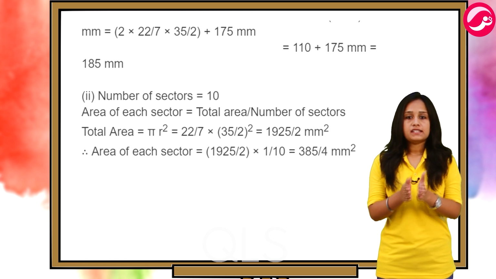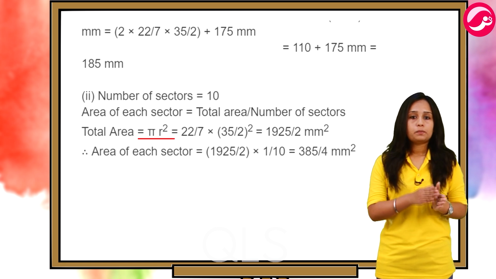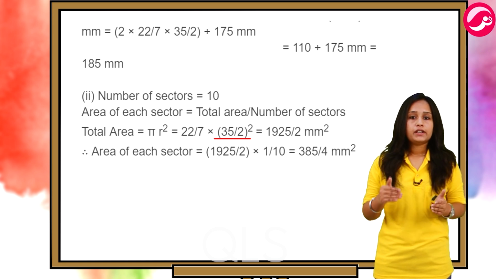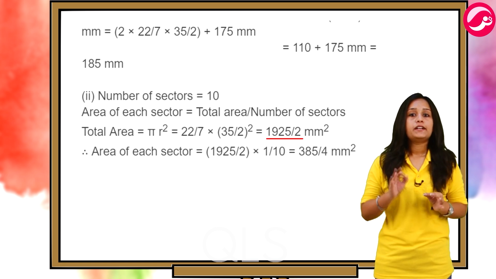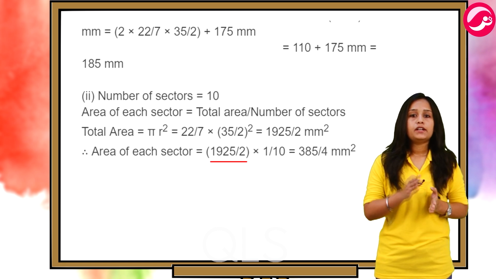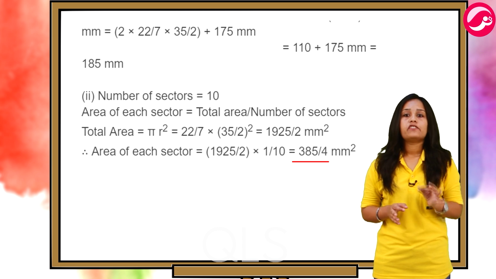So, area of each sector will be equal to total area divided by number of sectors. So, total area is equal to pi r square, which is 22 by 7 into 35 by 2 whole square, that is equal to 1925 by 2 mm square. Therefore, area of each sector will be 1925 by 2 into 1 by 10, that is 385 by 4 mm square.